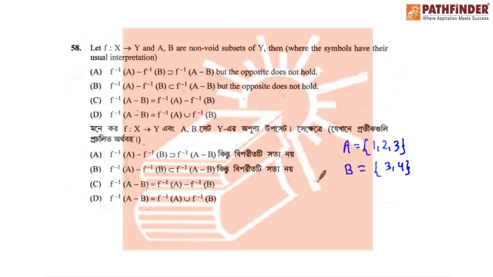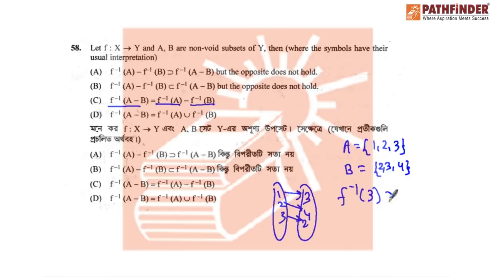Then if we look carefully, we will see that f inverse of A minus B is always equal to f inverse of A minus f inverse of B. If we form a relation, say, 1, 2, 3 mapping to 2, 3, 4, then f inverse of 3 is equal to 1, f inverse of 4 is equal to 2, f inverse of 2 is equal to 3. So finally we get f inverse of A minus B equal to f inverse of A minus f inverse of B. Option C is correct.